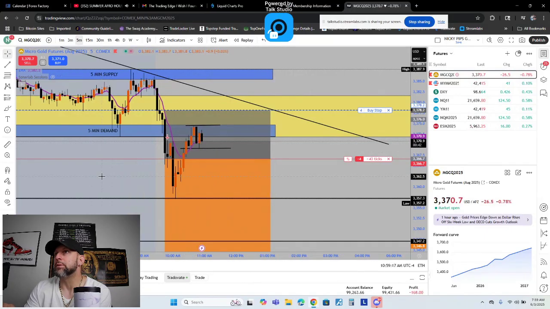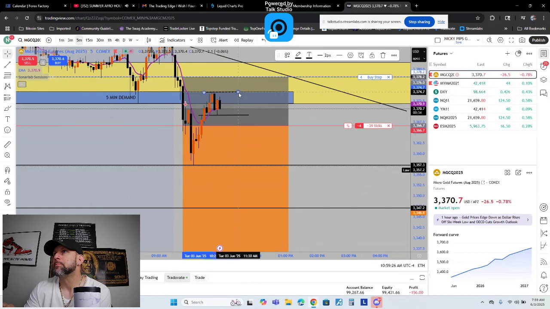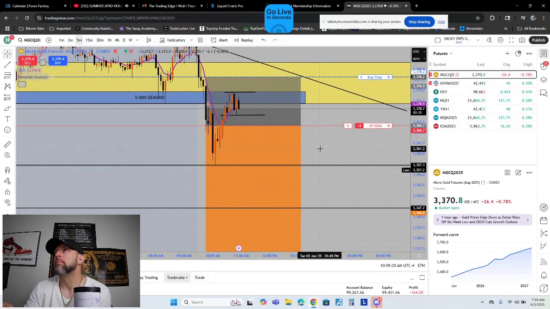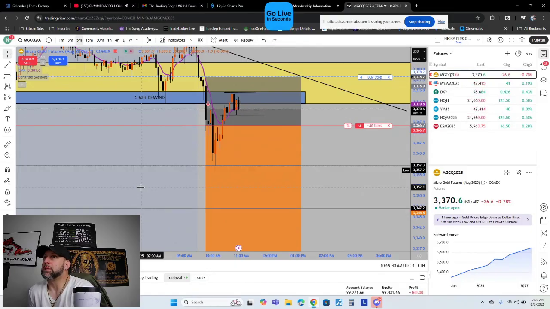We need to break that line right there. If we break that line, we should be able to tap into that previous level of support and then continue down, break through it.